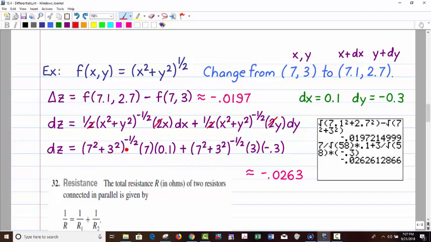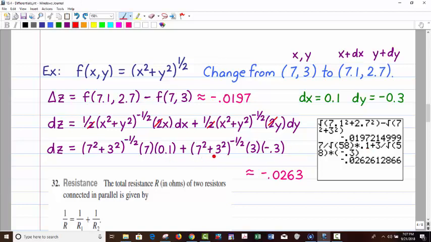7 squared plus 3 squared to the negative 1/2 power. 7 squared plus 3 squared is 58. So over in the calculator, I just went 7 divided by the square root of 58, because obviously the negative 1/2 makes it go down. So it's 7 divided by the square root of 58 times 0.1. There's your 0.1 representing your dx.